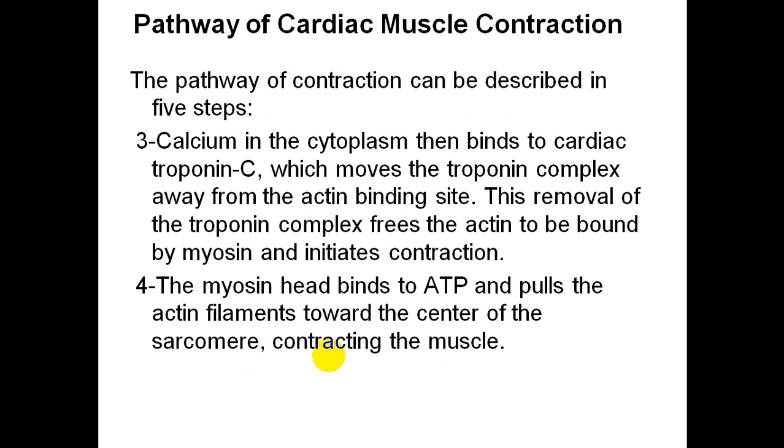In the third phase, calcium in the cytoplasm then binds to cardiac troponin C. It is activated, which moves the troponin complex and tropomyosin, which cover the binding site of the myosin thick head, away from the actin binding site.